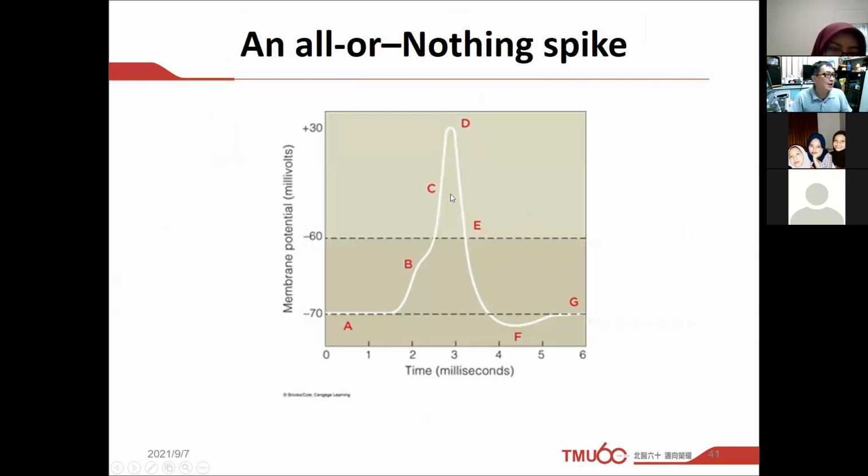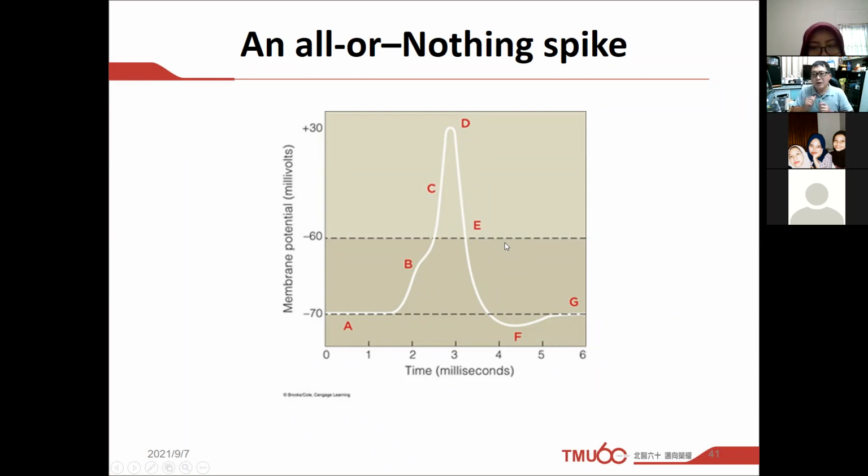And this is an all-or-nothing spike. I told you, right? The threshold potential is very important. If this external signal is not good enough, not more than minus 60 millivolts, what happens? It does not reach the threshold, and there is no response. There is no gate opening in sodium or potassium.